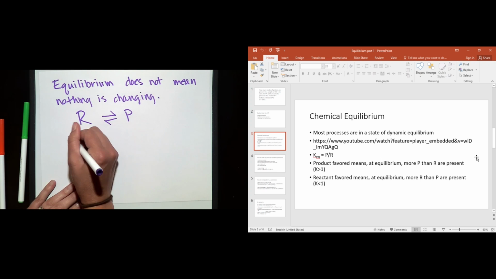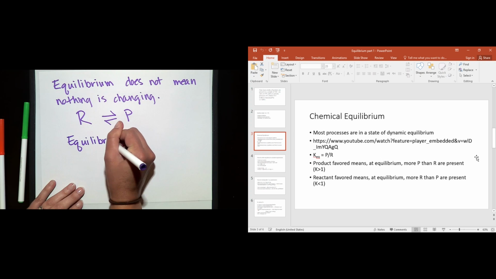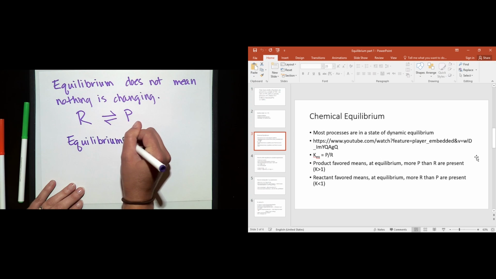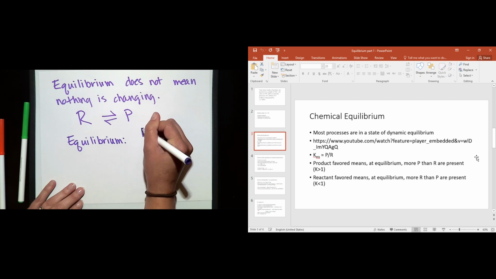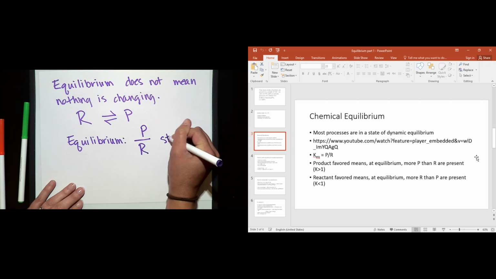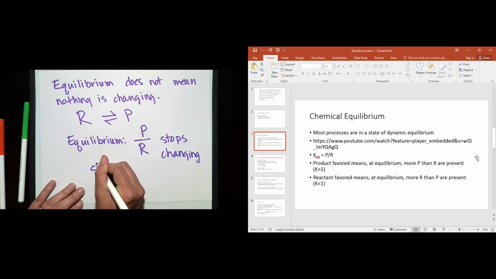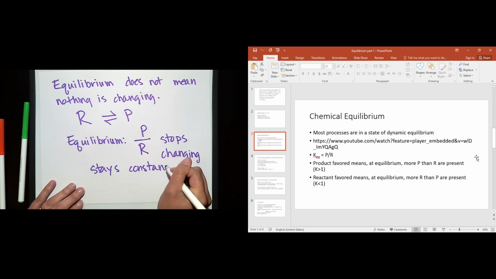Equilibrium means, in our class, equilibrium is when the ratio of product to reactant stops changing or stays constant. That's just what stays constant means, is that it stops changing.